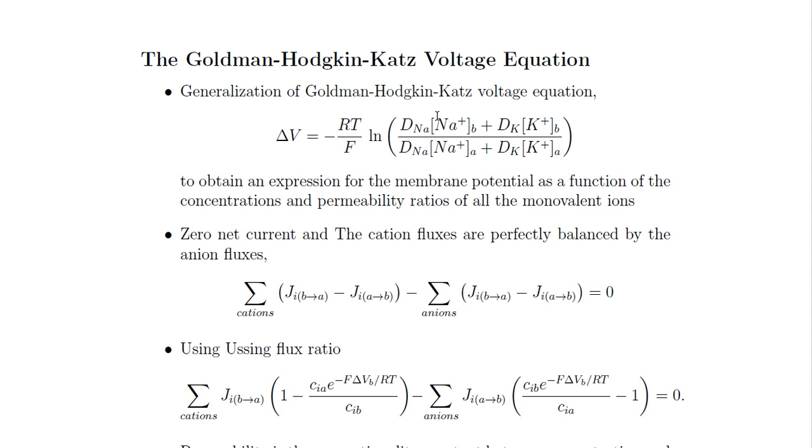These are the concentrations and the permeability constants for Na and for K, with the concentration of K in compartment B and in compartment A. If we have zero net current, the cation flux is perfectly balanced by the anion flux, so the net movement from one side to the other equals 0.